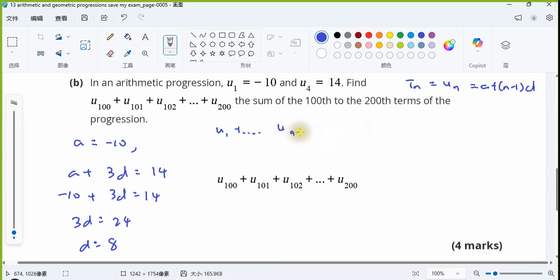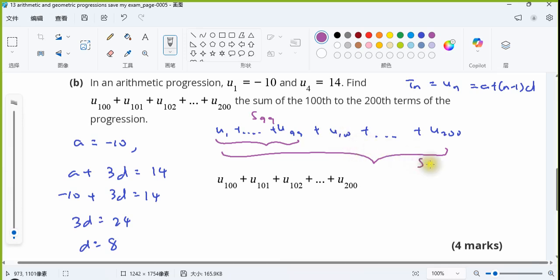Should be 99, and then 100, and so on until the 200. So this is the sum of the first 99 terms, and this is the sum of the first 200 terms. The question asks us to find this part only. Then this part will be S200 minus S99.